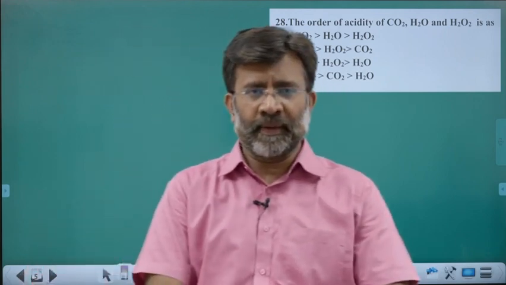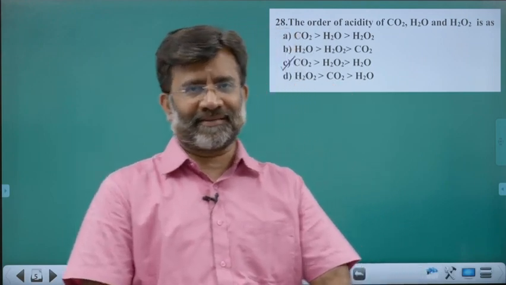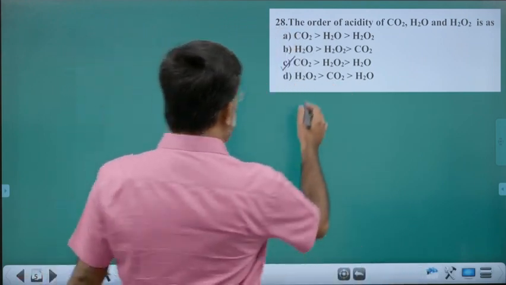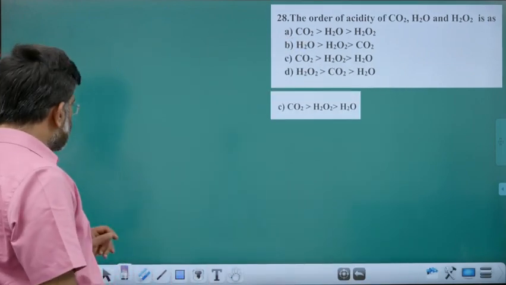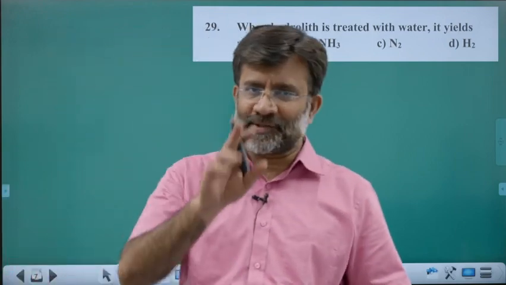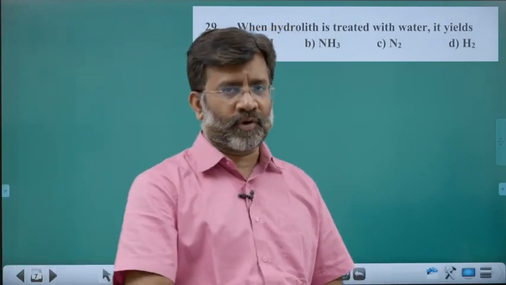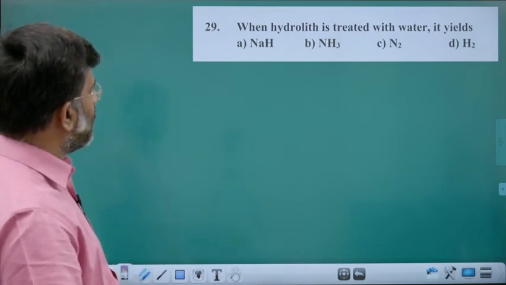CO2 maximum, then H2O2, and then H2O. That is the order. Understand? H2O2 is more acidic than H2O. Next, H2O2 will give a litmus test, H2O not. It's amphoteric.